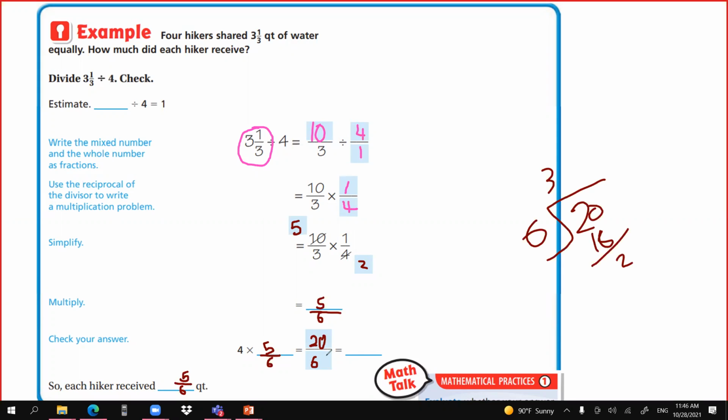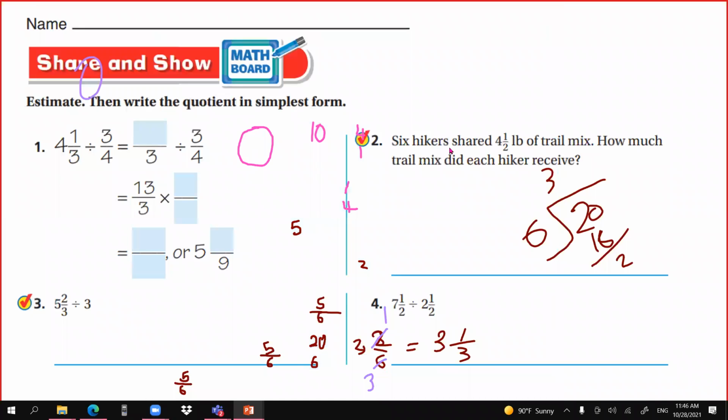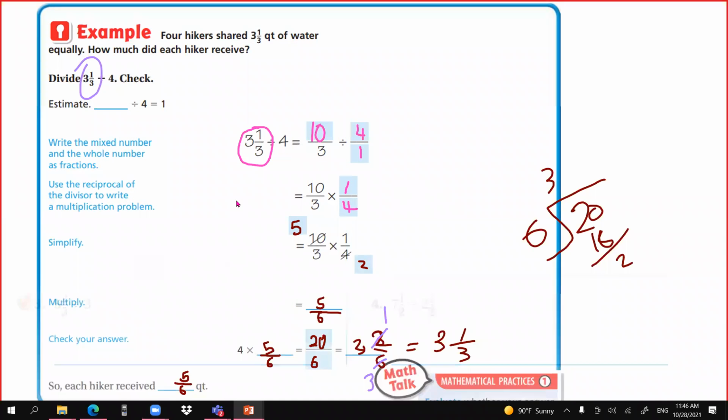So it's going to be 3 and 2/6. Or you can say 3 and 1/3 if you want to simplify. Just check that. You get the same answer. But no need. Okay. Okay, you can give them.